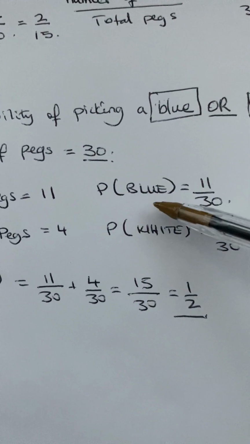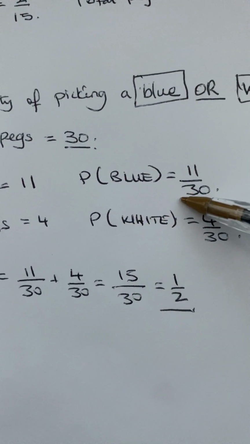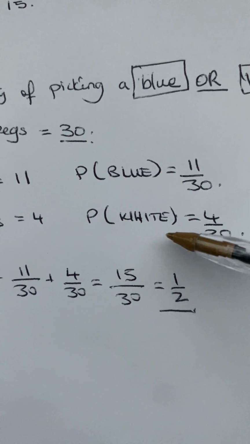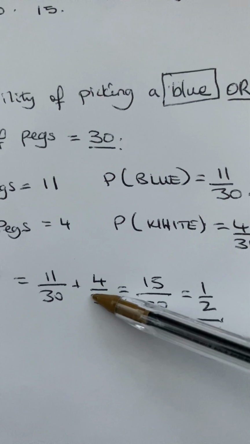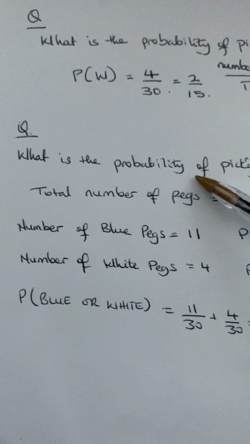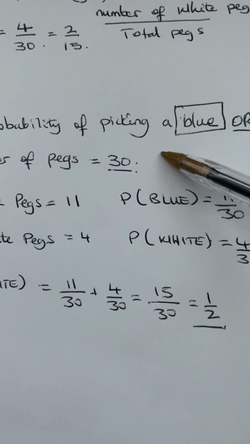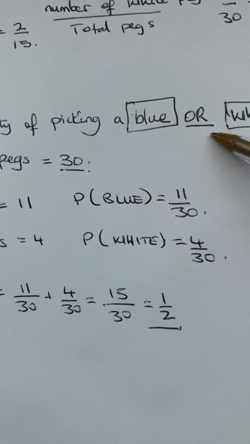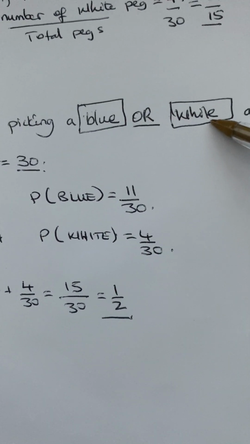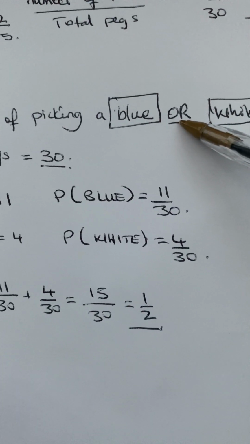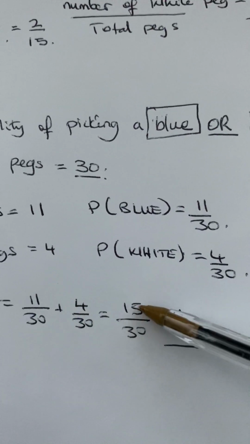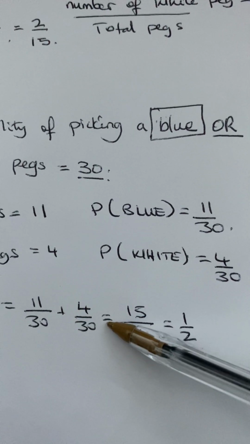But if I want to do the probability of blue and the probability of white, then I have to add them, because they said what is the probability of picking a blue or a white? And together there are 15 blues and whites.